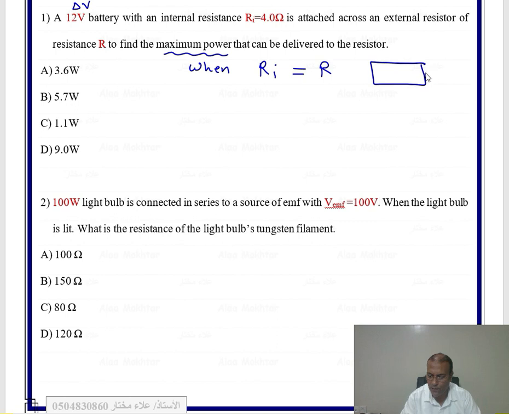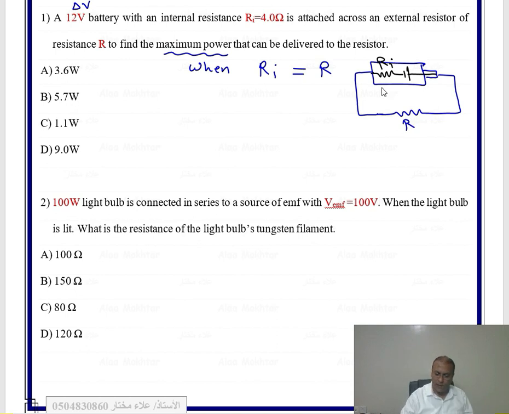Maximum power occurs when internal resistance equals external resistance. Suppose we have a battery like this. This battery is connected to the resistance R. Inside the battery there is electromotive force and internal resistance. When internal resistance equals external resistance, the maximum power is delivered to this resistance.